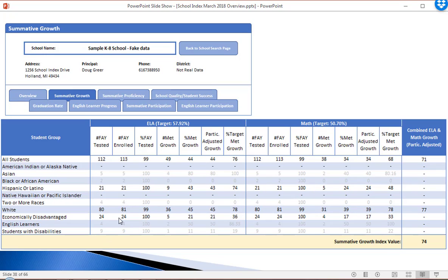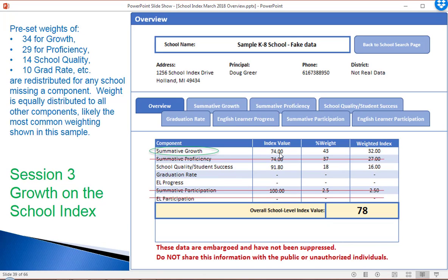We can see the 24, but it's not calculated. The 80 is calculated, and it's calculated in the same way, except it's a little higher score of 77. And then we equal weight these, and we take the average of 71 and 77 to get 74 for the summative growth index value. That 74 is lifted back up to the overall index, and here is that same 74.